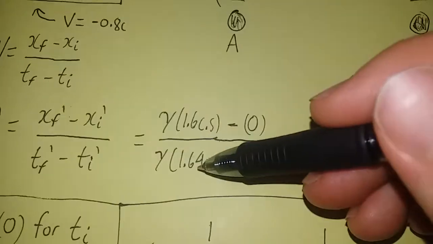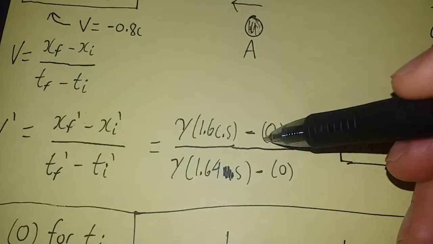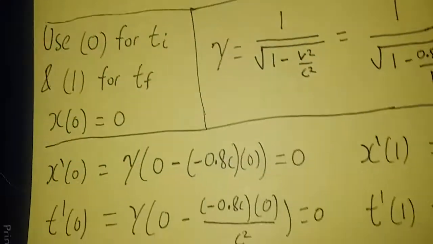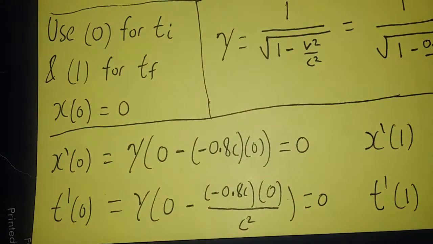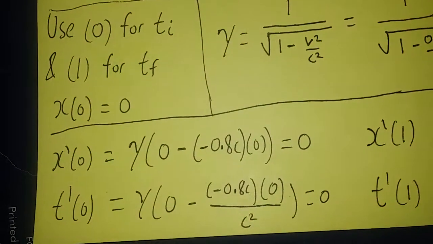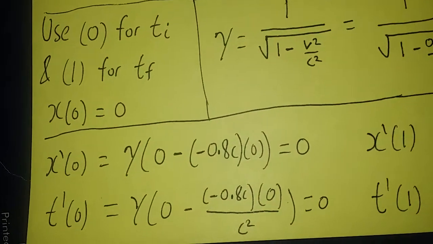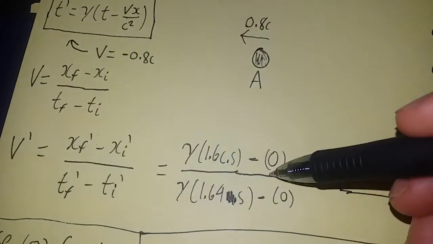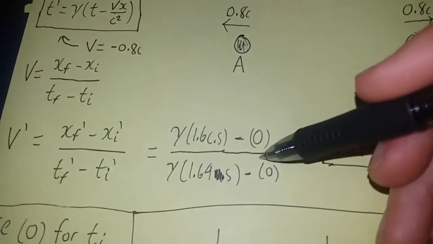So xi prime and ti prime were both 0, as we found, just like x initial was 0, t initial was 0, and then x prime initial was 0, and t prime initial was 0. So the new reference frame didn't make any difference for the initials.